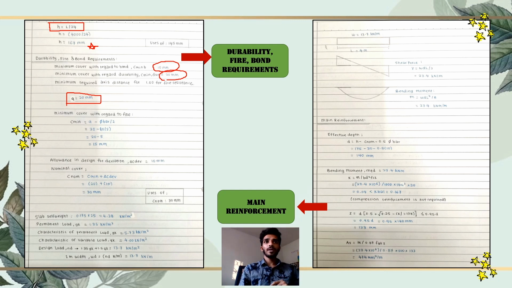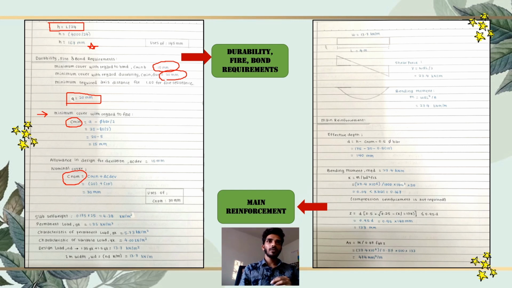Now we're going to calculate the minimum cover with regard to fire. So what is the Cmin? The Cmin value is used to determine the Cnom. Our main task is to identify the Cnom. In order to find the Cnom, we have to make sure Cmin is correct in form.